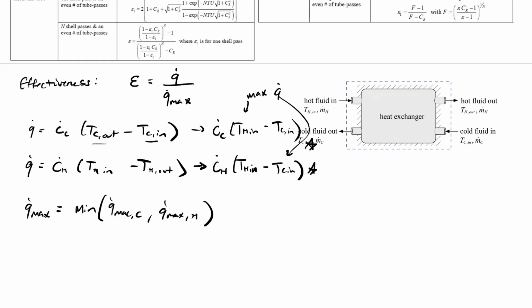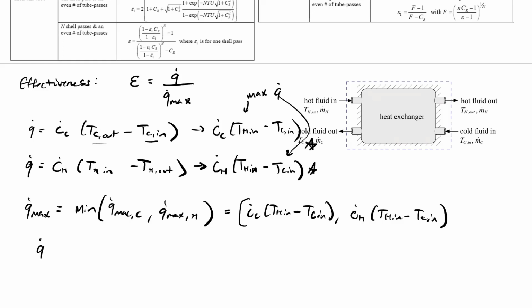Where these up here are the Q dot maxes. It's the smaller of those two things, which would just mean you're evaluating the minimum of C dot C times TH in minus TC in and C dot H times TH in minus TC in. The smaller of those things would be your maximum.